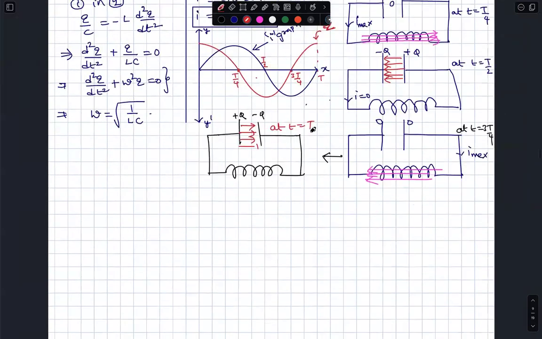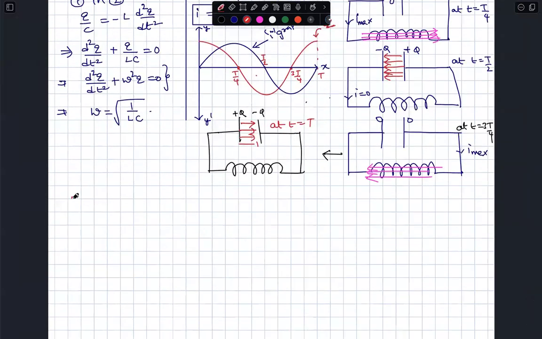So now, at any instant, what is the total energy? At any instant, total energy is Q square by 2C plus half Li square.